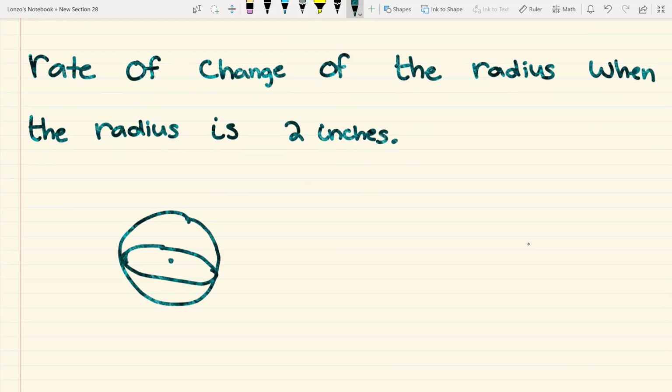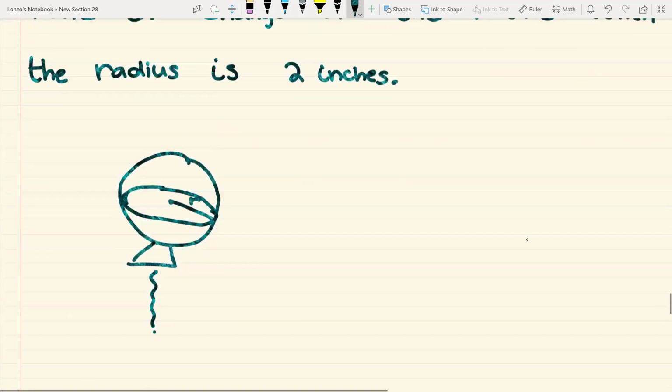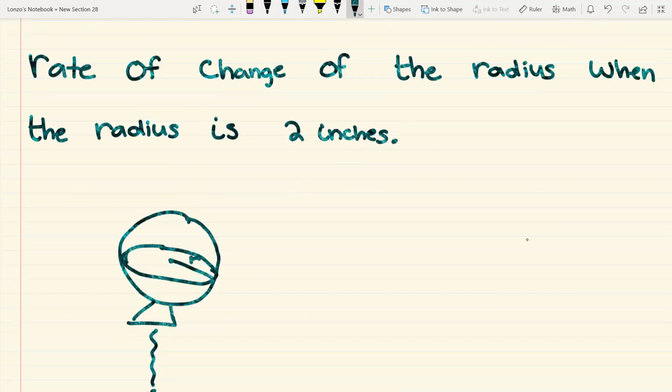Here's the balloon, it has a radius, and you're pumping air inside that balloon, it's getting larger. Here's the best image I can draw. Here's a balloon, a circle and a sphere.